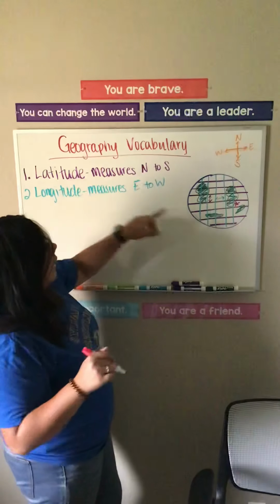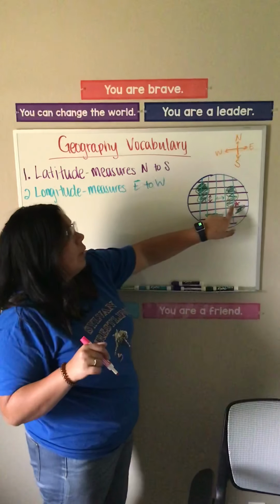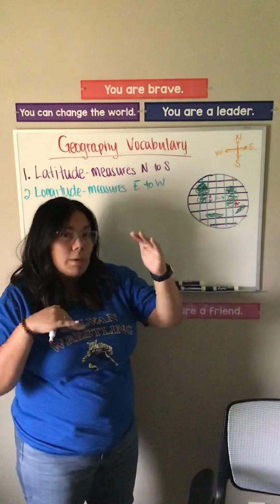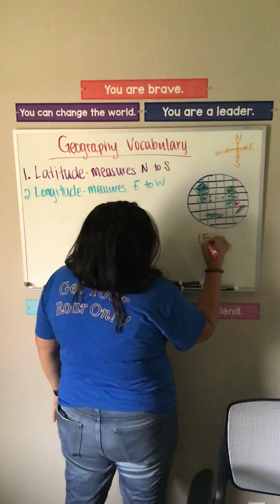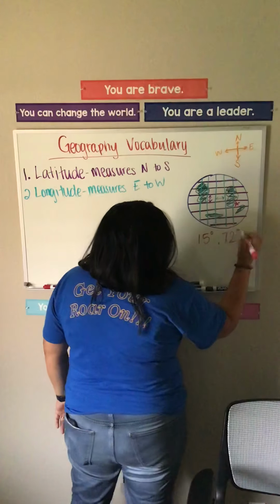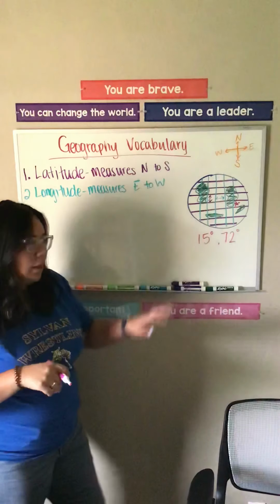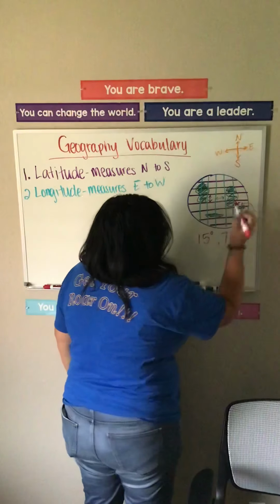So I take my latitude, whatever degrees that is, and my longitude, wherever degrees that is, and I give them those coordinates. So it would be like 15 degrees and 72 degrees, and they'd be able to find me, okay? I just made that up, that's not the actual location, but that's how they'd be able to find me.